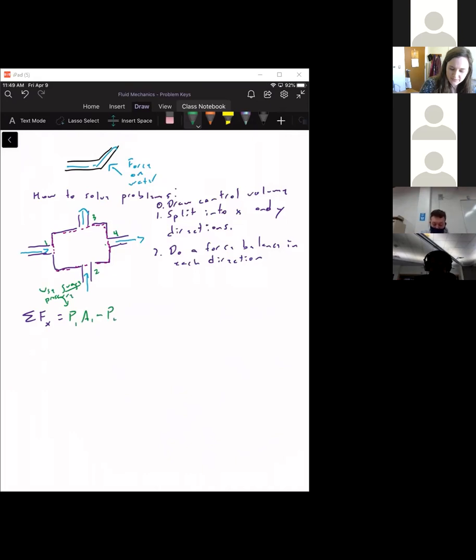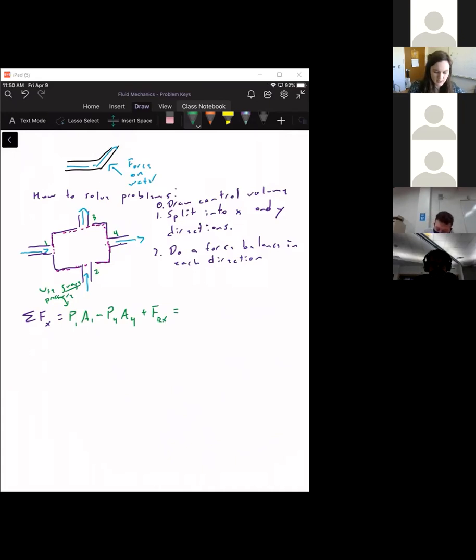So that would be P4A4 plus, and this is what we would call the reaction force, which is going to end up being the same as the force of the water on the surface or whatever this is. We call that the reaction force. It means the X force left over after you take into account the others, sort of. Okay.